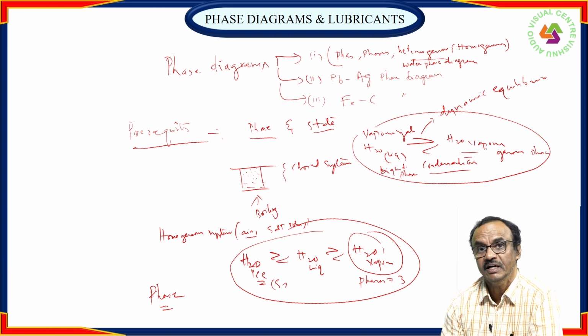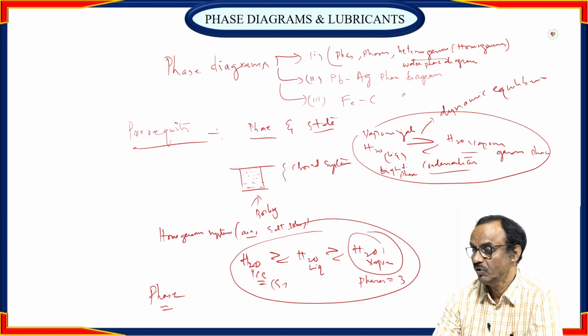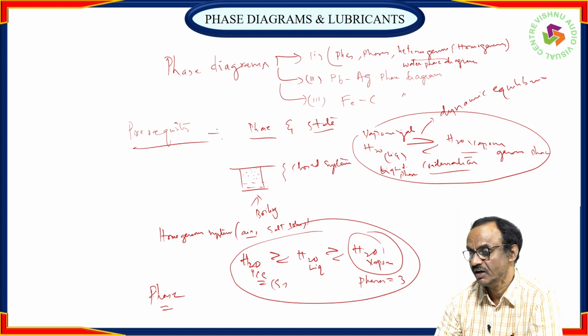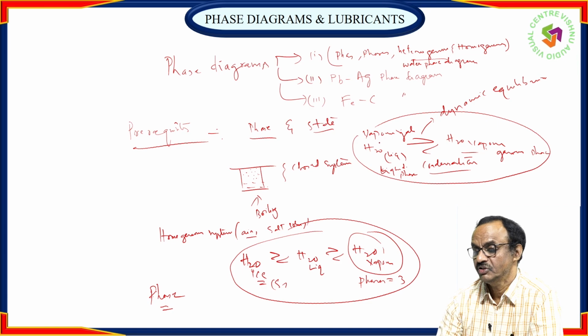No alternative. When the rate of condensation equals the rate of vaporization, during boiling, H2O liquid goes into vapor. Once it is saturated, to maintain stability, vapor again converts into liquid. This process is called condensation. The state at which vaporization equals condensation is called dynamic equilibrium.